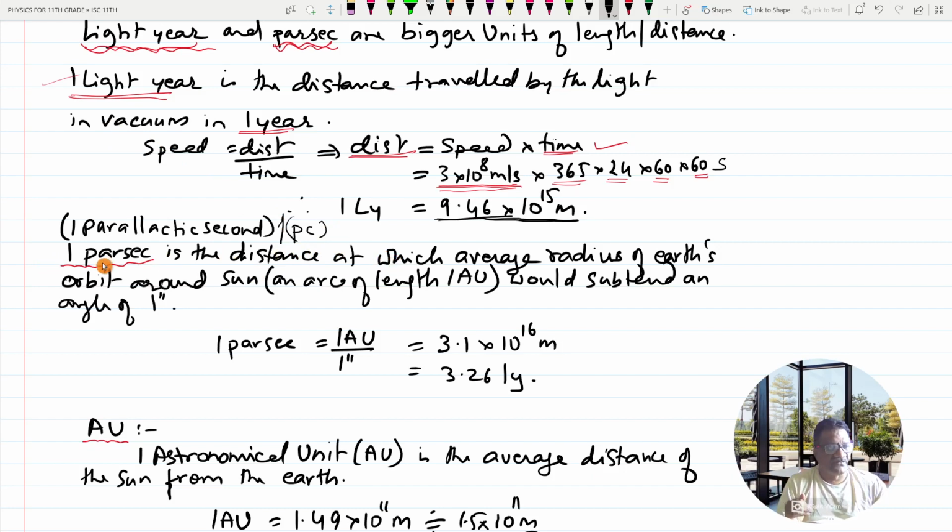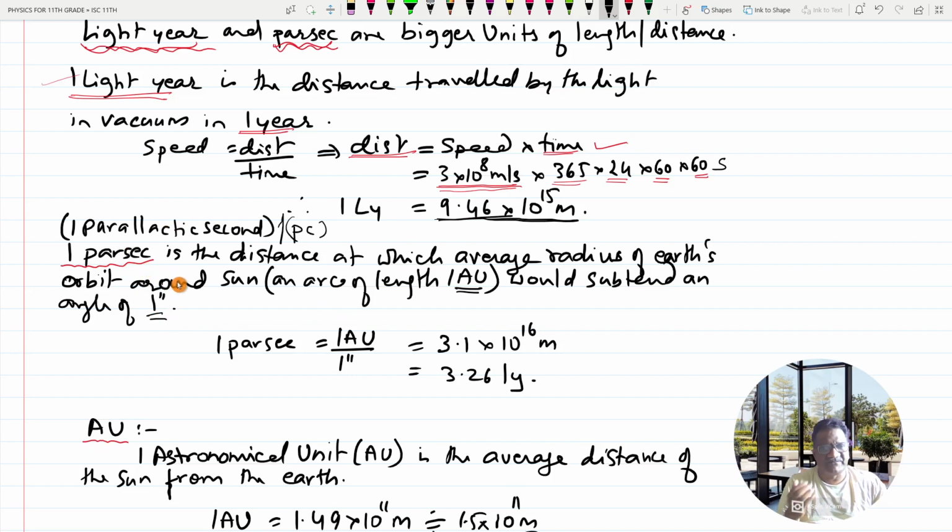So one parsec is what? It is the distance at which the average radius of the earth's orbit around the sun, that is 1 AU, 1 astronomical unit, would subtend an angle of 1 second. This is a definition.